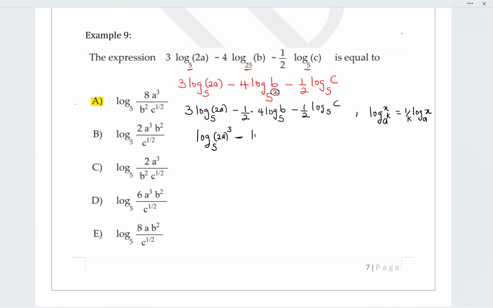So this will just be log of 5, but now it's going to be b squared. Then minus half. No need for half, we can take the half up.